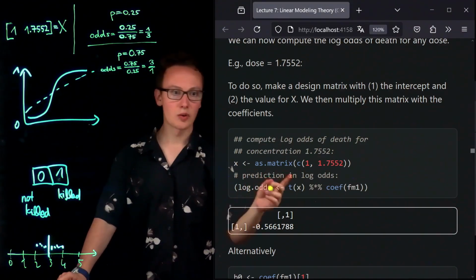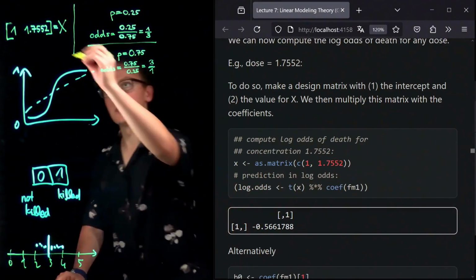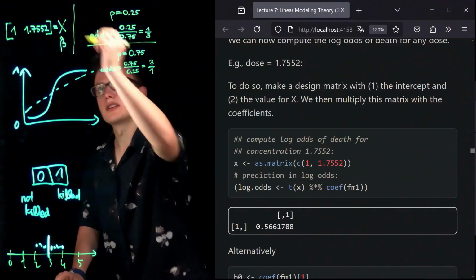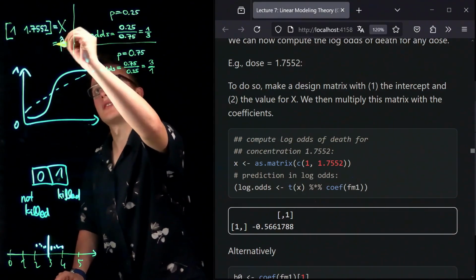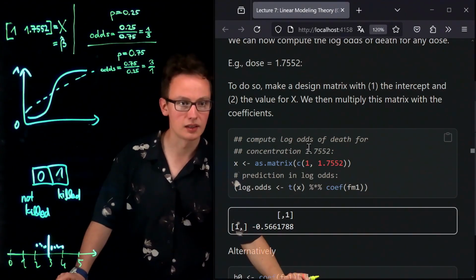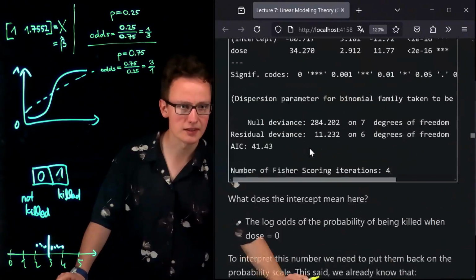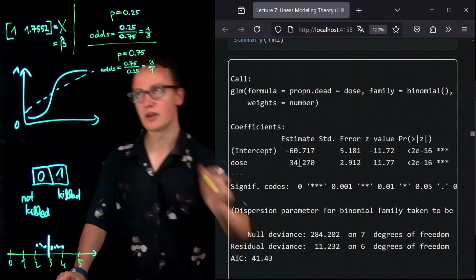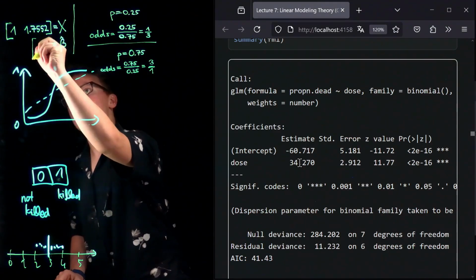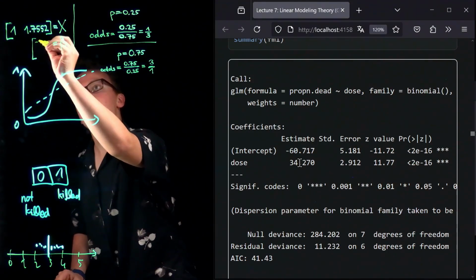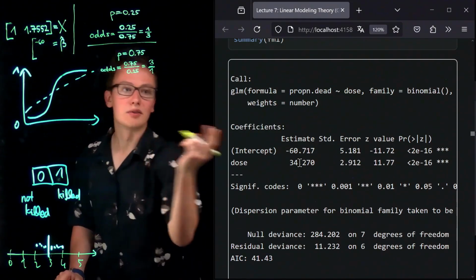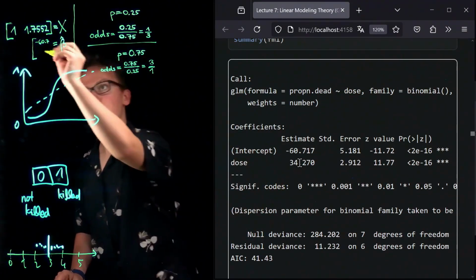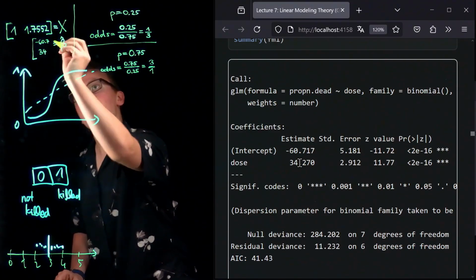And I also know what my beta estimates are, so they will be in my beta hat matrix. The intercept was minus 60 and the slope was 30. So this beta matrix contains the values minus 60, roughly, or minus 60.7 and 34, in one column.